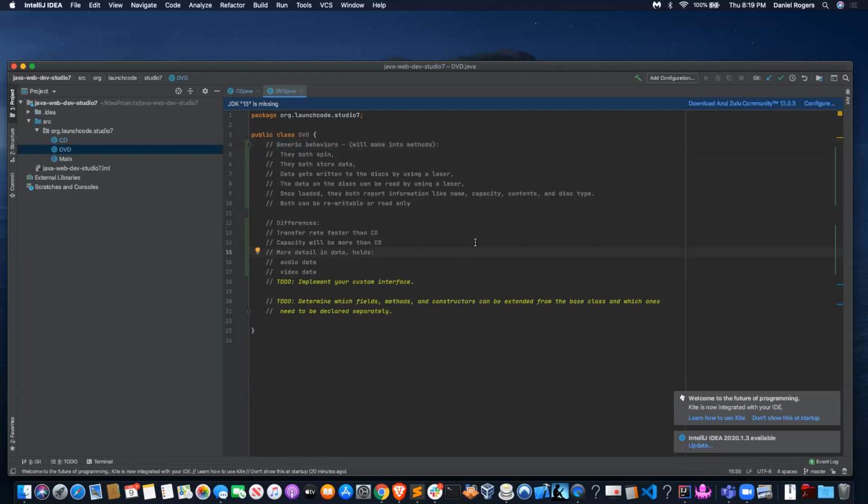So let's think about fields. So what are some different fields we want to make?